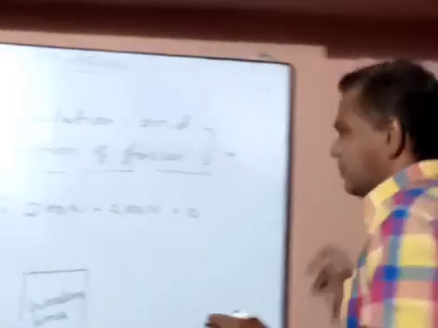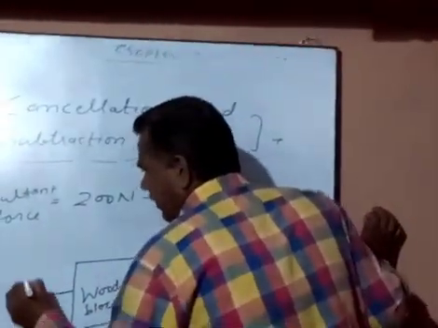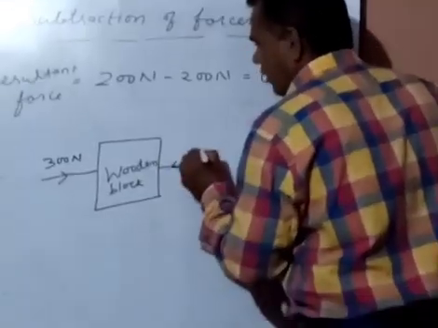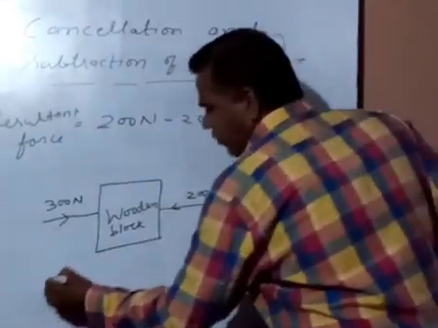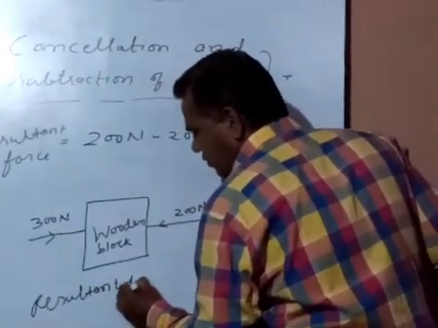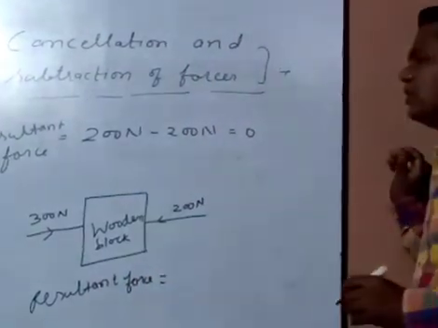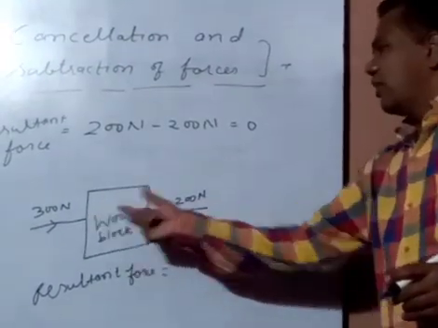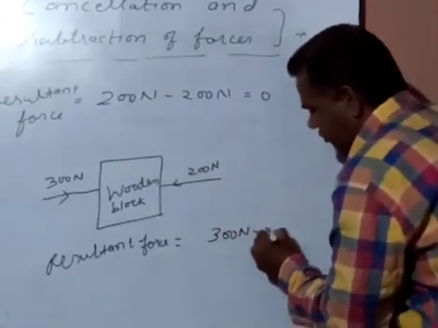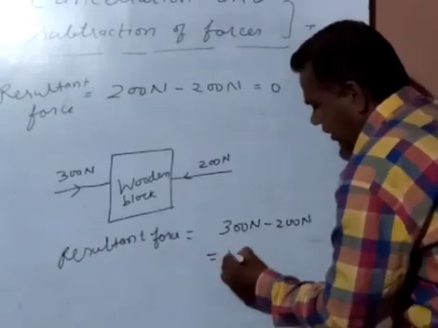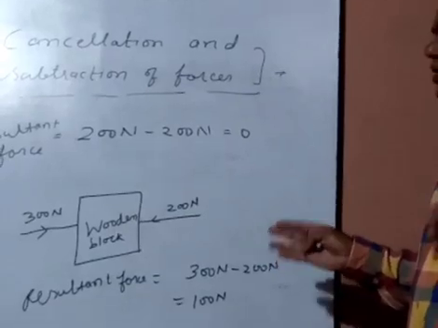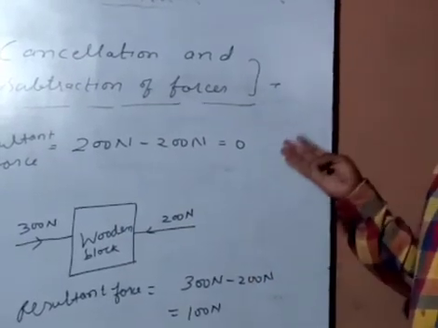So we write, at one end is 300 Newton force and the other end is 200 Newton force. So the resultant force is the difference of both forces, like this: 300 Newton minus 200 Newton, we get 100 Newton, and the direction of force is always the direction of the higher force.